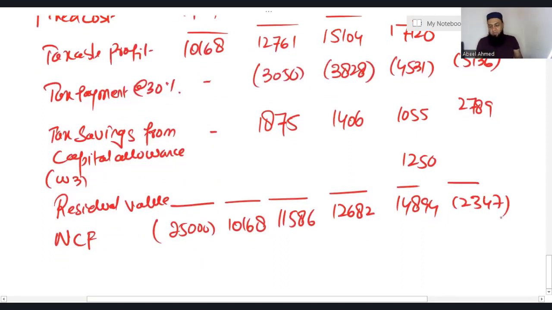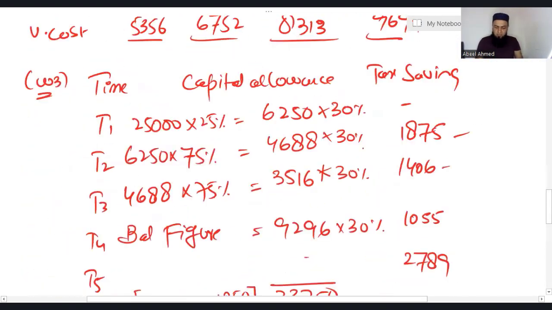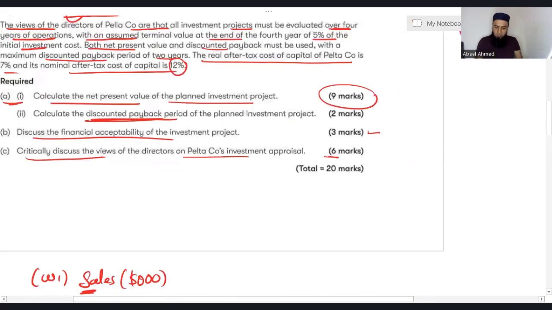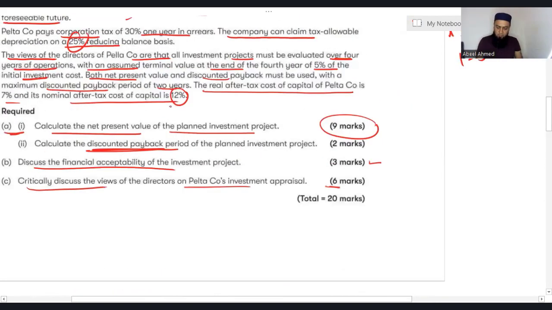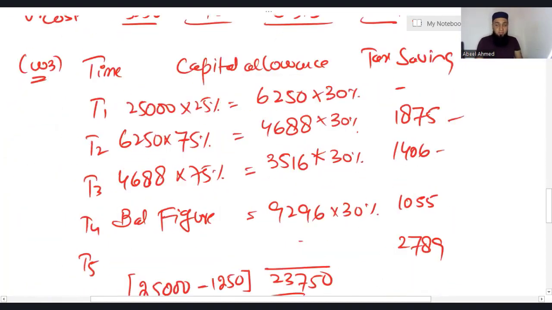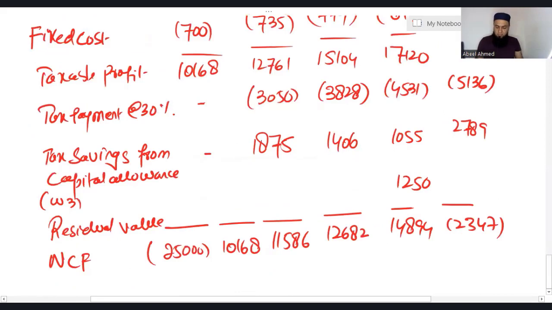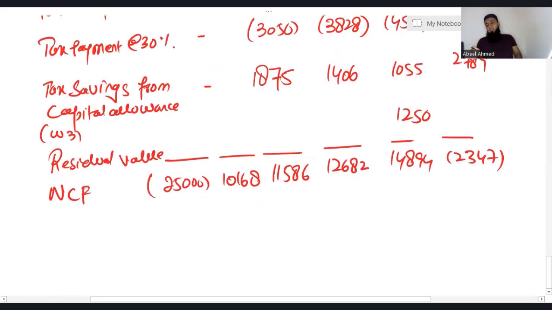Cost of capital, we have to use nominal cost of capital, which is given in the question, 12%. Nominal cost of capital is 12%. And cost of capital is after tax. Why after tax? Because the cash flows which we are going to discount are after tax.